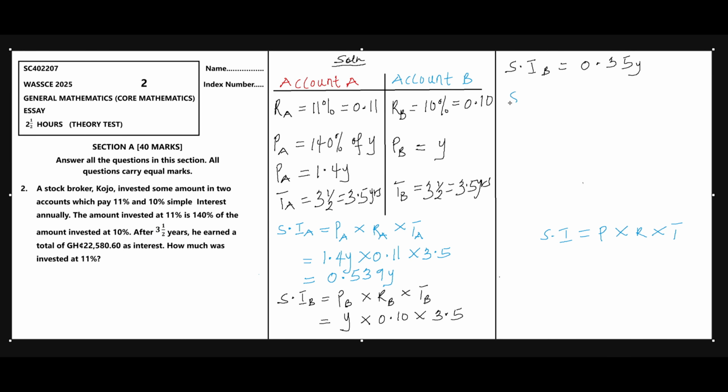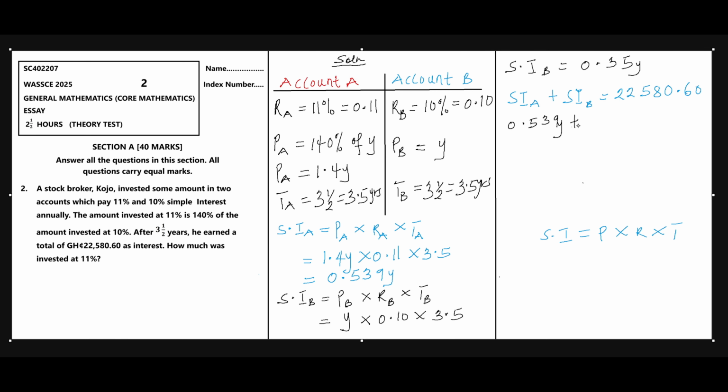So we know that the simple interest for account A plus the simple interest for account B must be equal to the total interest earned at the end of 3.5 years, which is 22,580.60. We know that the simple interest for account A is 0.539y.